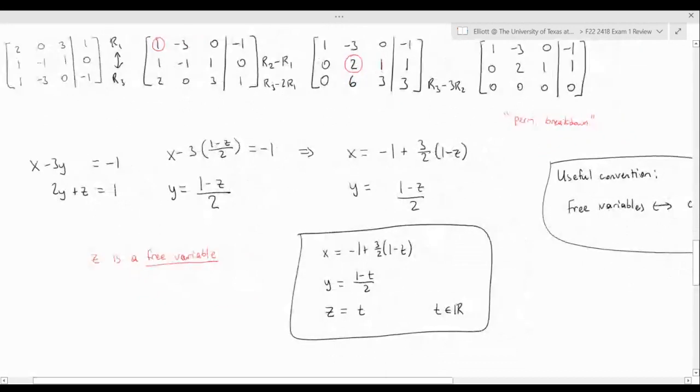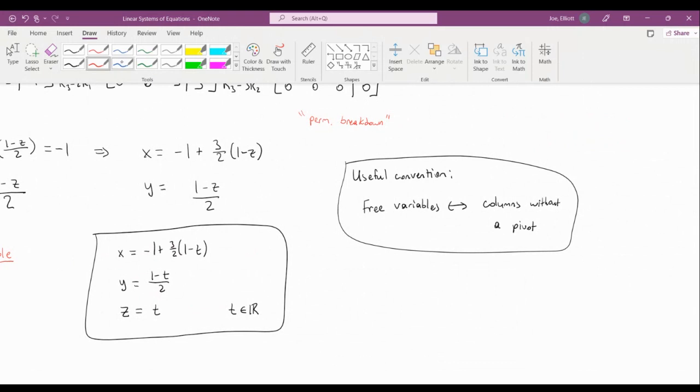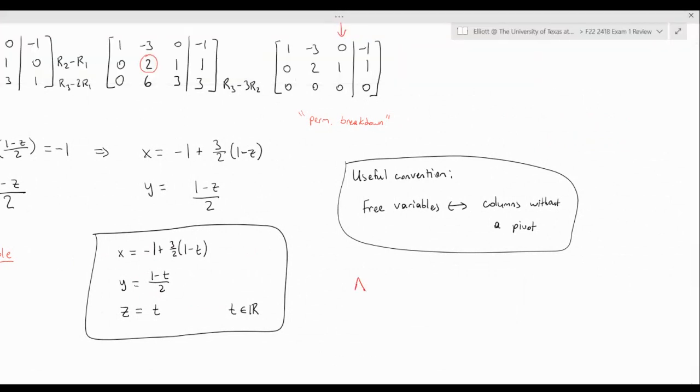Okay. I'll also say one more thing that just popped into my head, which is that this convention highlights that it tells you when you're going to have infinitely many solutions. Basically, you're going to get infinitely many solutions whenever you have a free variable. And with this convention, there's a correspondence between free variables and columns without pivots.